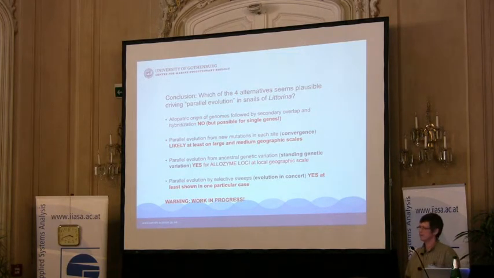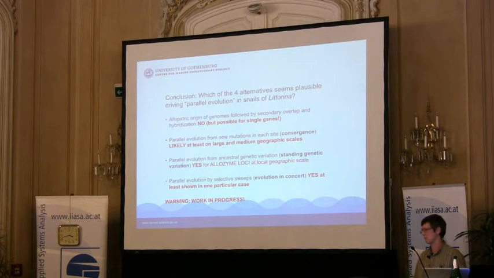For standing genetic variation, we already have evidence from back when the allozyme studies were performed, because there were plenty of examples where alleles were at low frequencies in some habitats and then increased in frequency whenever they were under selective pressure. So yes, we have standing genetic variation for sure.